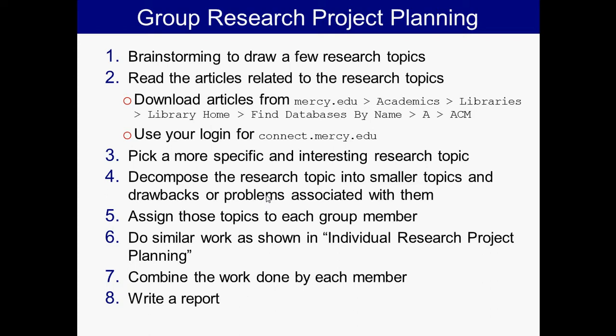And for the group research, as it says, you need to collaborate with your group members. So the research topic is not just a topic on your own. If you convince your group members to follow your research topic, that will be fine. If you do not have any common interest in a topic, then you need to start with brainstorming.